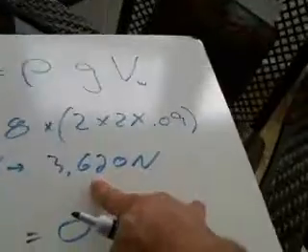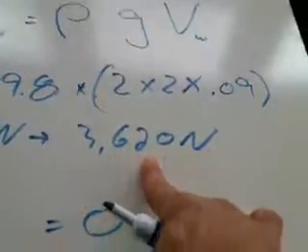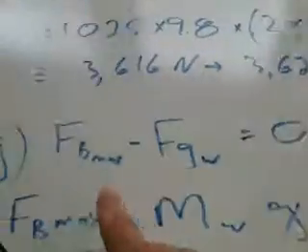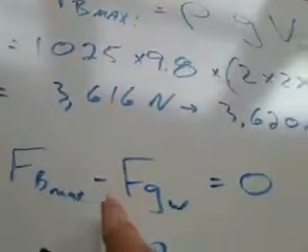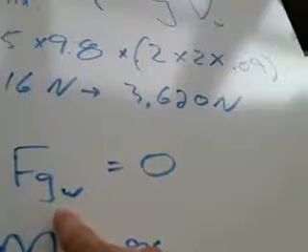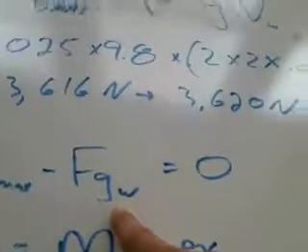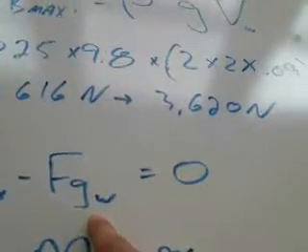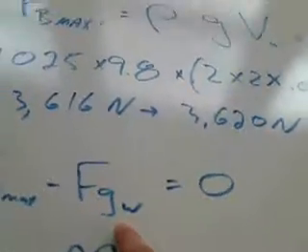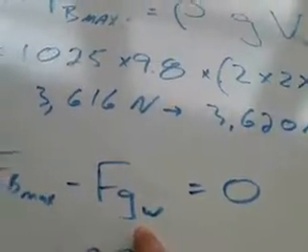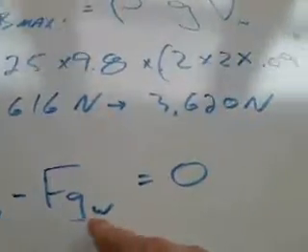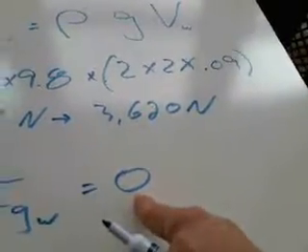Well, if that's the maximum force it can hold up, then that maximum buoyancy is going to end up equaling the maximum force of gravity that it can support, because the upward force has to be greater than or equal to the downward force in order for this sucker to float.